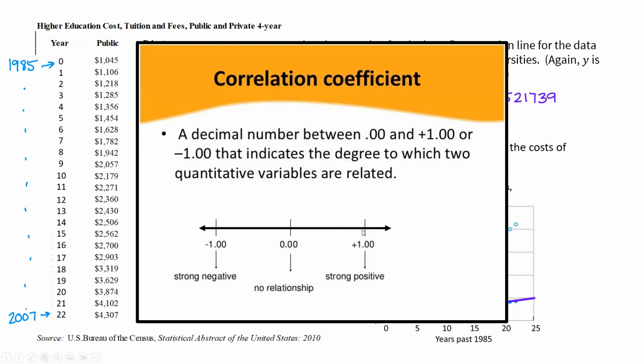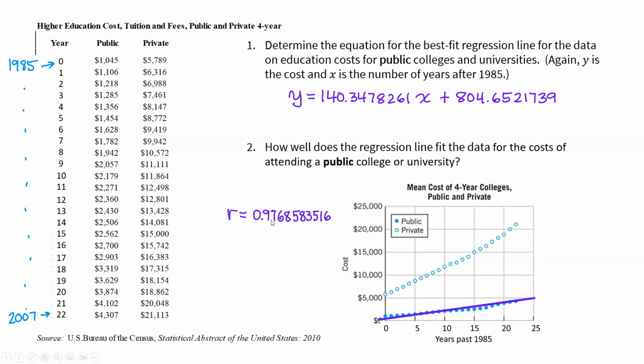So basically, the closer it is to +1 and the closer it is to -1, the better the relationship. The smaller it gets and closer to 0, the worse it is. So with this being a 0.9768, that's a pretty good fit. That means that this is a strong correlation, and as a result, we would say that this is a good prediction. So this is showing a strong positive correlation because this correlation coefficient is close to 1.